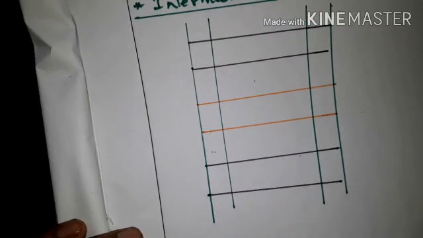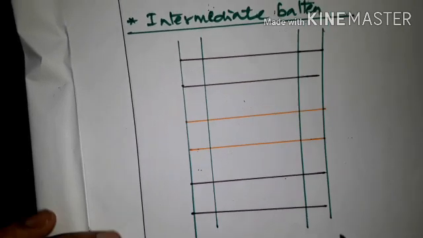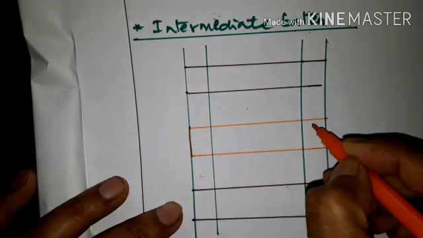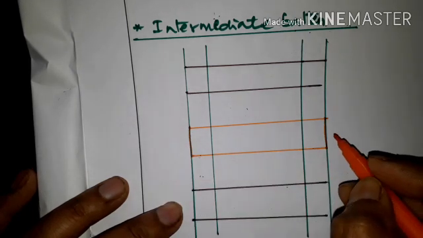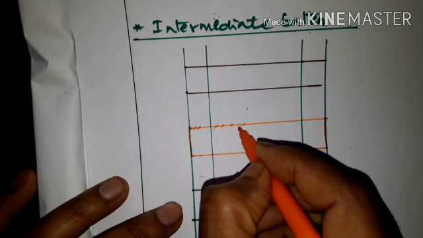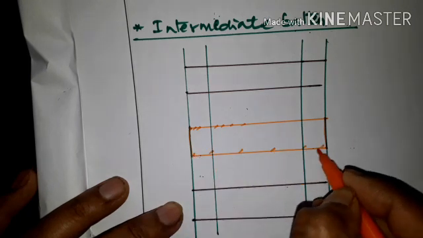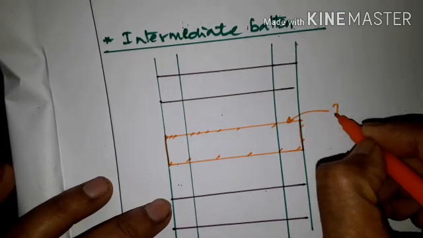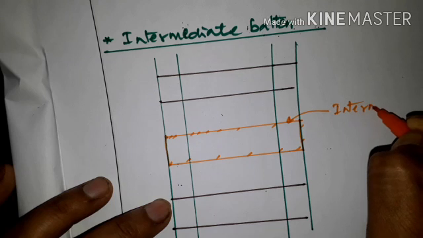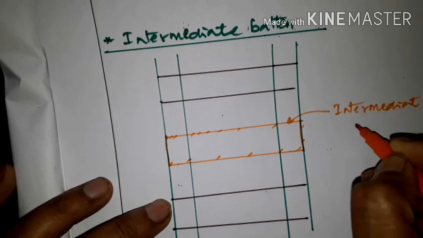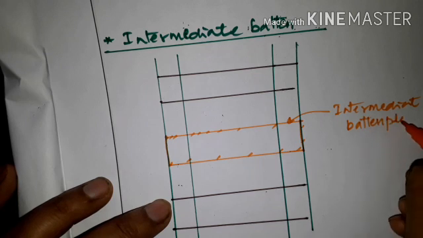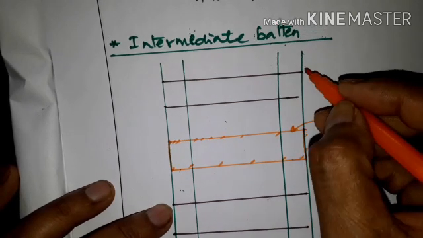And after that also. So these plates are intermediate batten plates. These are called intermediate battens.